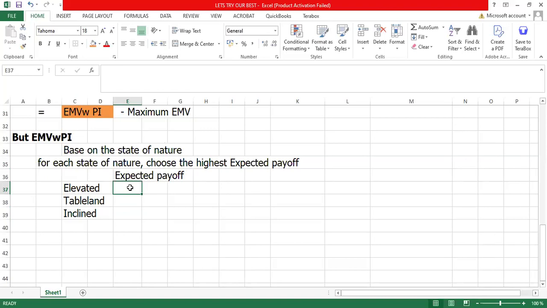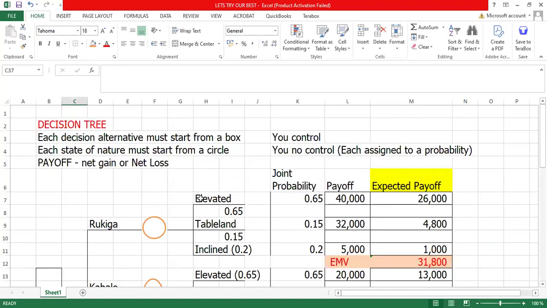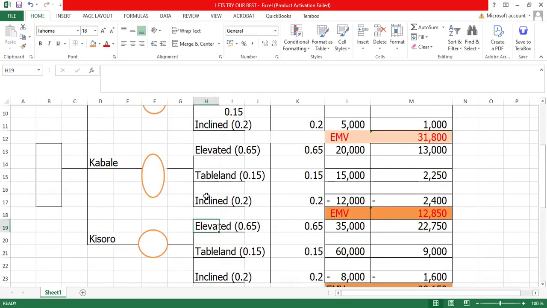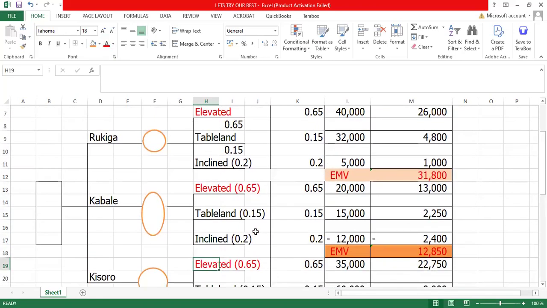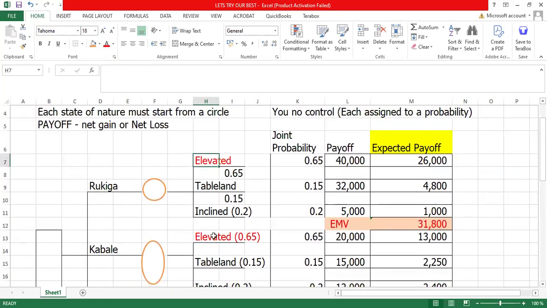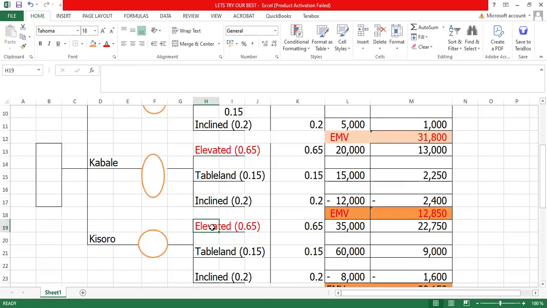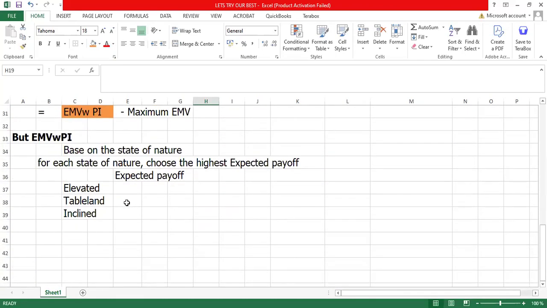Mark where you have elevated, choose the highest expected payoff.